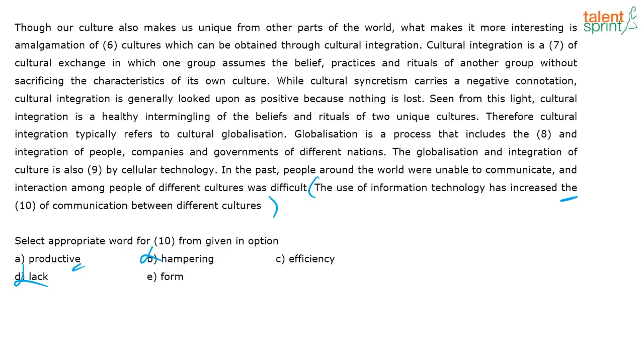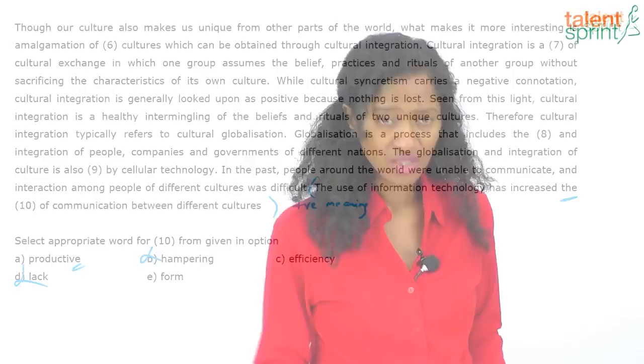Between form and efficiency, what is it? Saikaran says form. Has increased the form of communication. We are talking about a positive meaning here. What has use of information technology done for communication? It has increased the efficiency of communication, effectiveness of communication, not the form of communication.